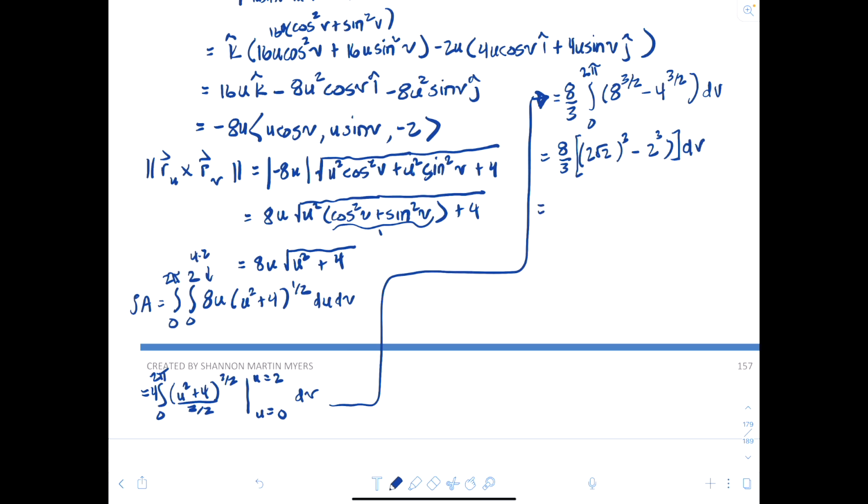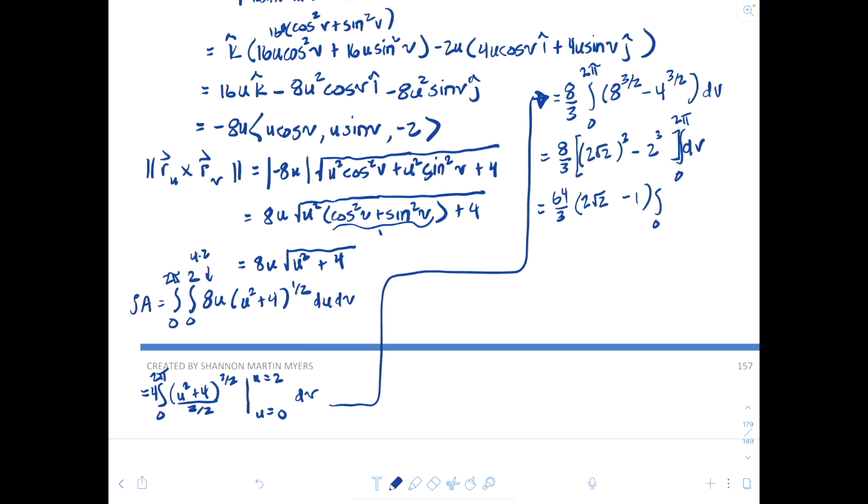So then we can definitely bring out a factor of 8. So we'll have 64/3. And then root 2 times root 2 times root 2 is 2 root 2, and then minus 1. And this, sorry, was times the integral from 0 to 2 pi of dv.